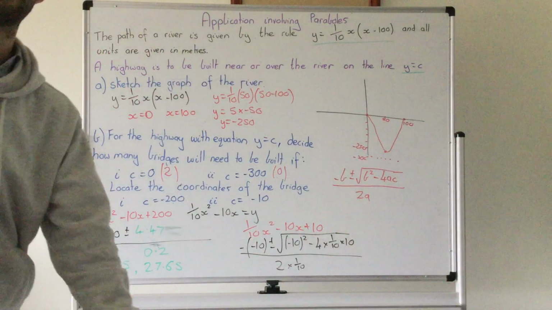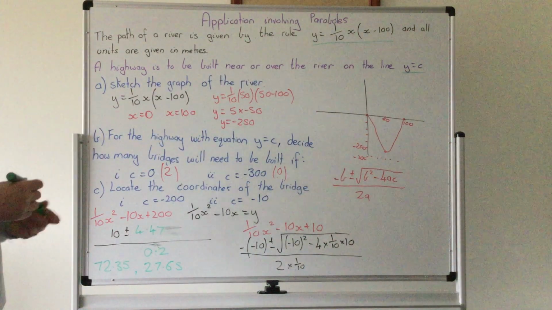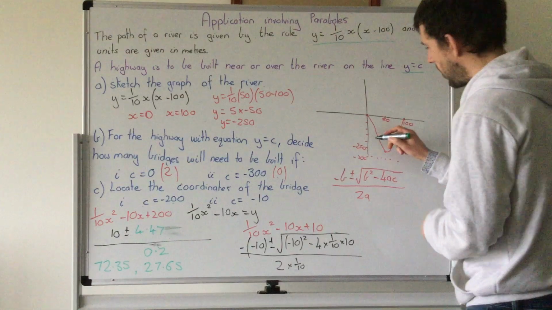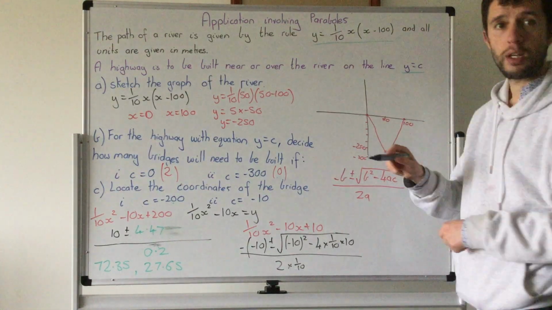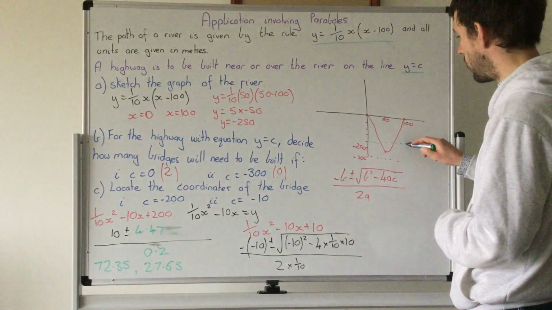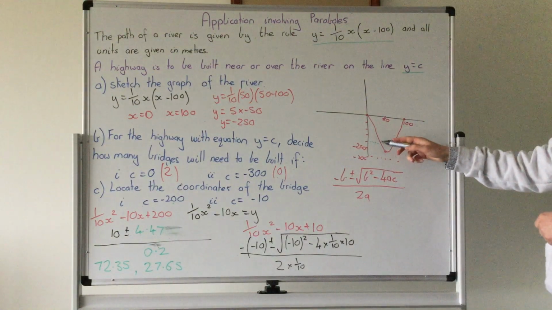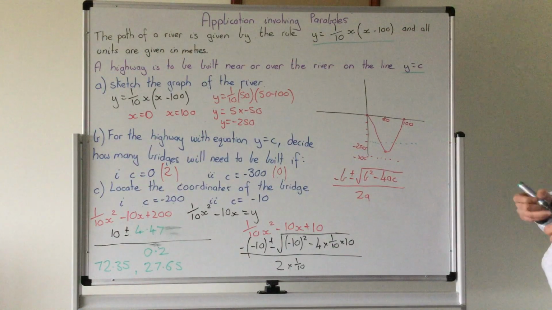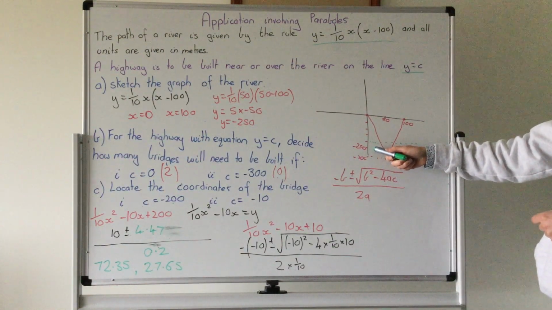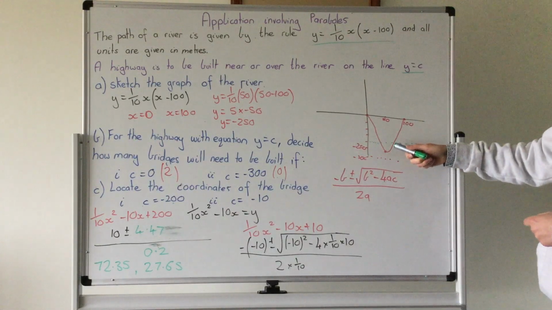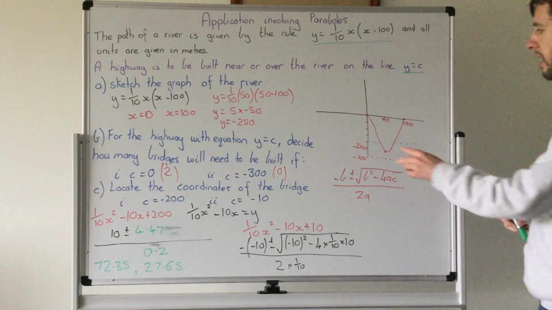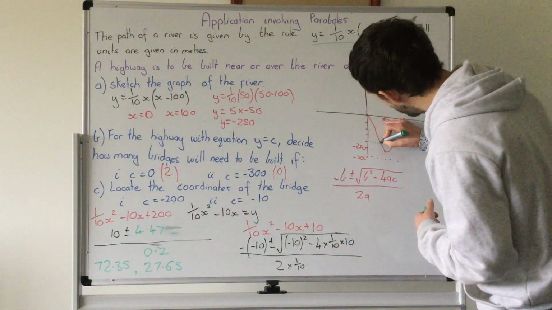Now the reason why we have 2 points is because if we look at our graph, when our y is negative 200, I can go across, and we are going across 2 points in our parabola. So our first point will be 27.65, and our second point will be 72.35. I'll put these dots there.